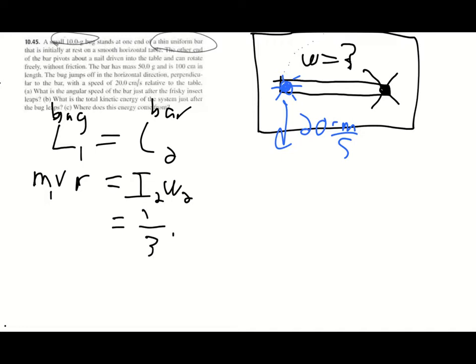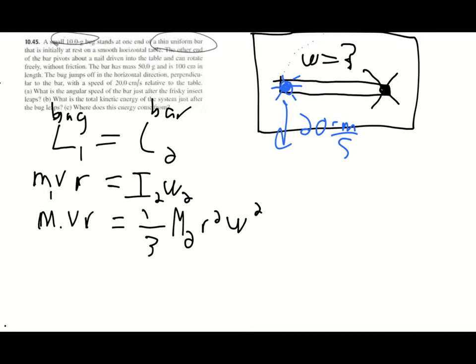It's nice because it's the same r, since the bug is at the opposite end. We don't have to measure them differently. Omega. And that's m1 v r.